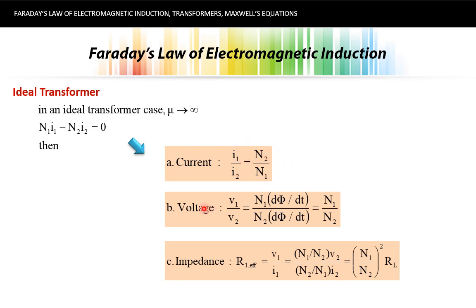For voltage, we have V1 over V2 is equal to N1 d phi over dt over N2 d phi over dt, which ideally is N1 over N2. For impedance, we have R1 effective is equal to V1 over I1, which in turn ends up in the equation of N1 over N2 squared times RL.